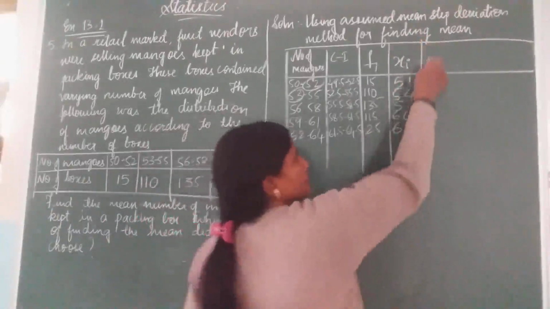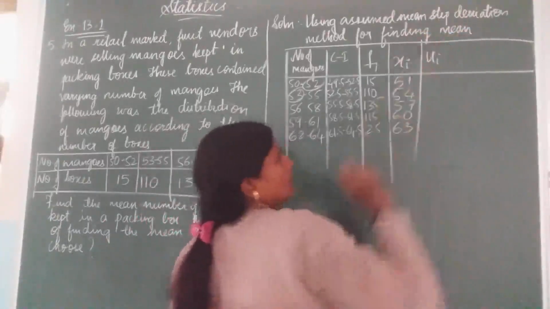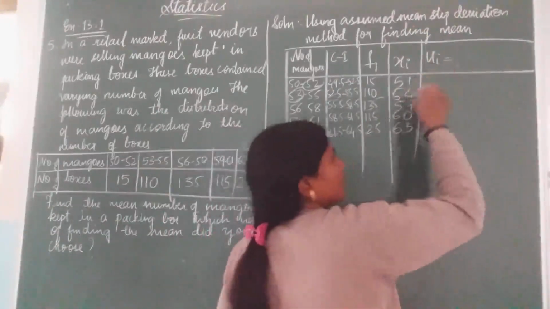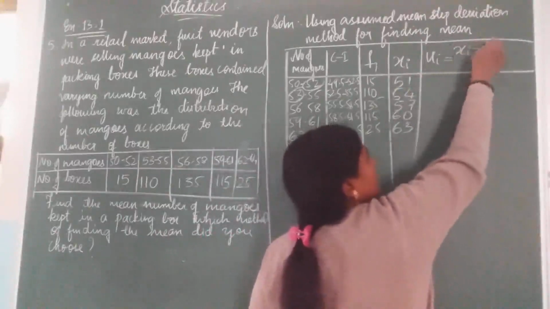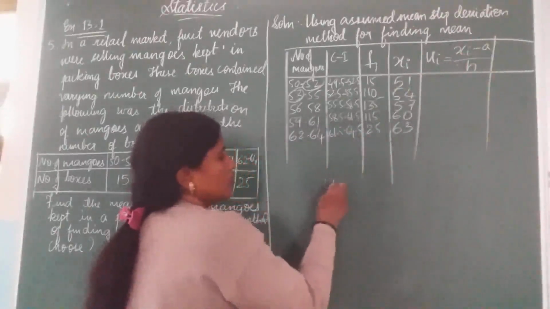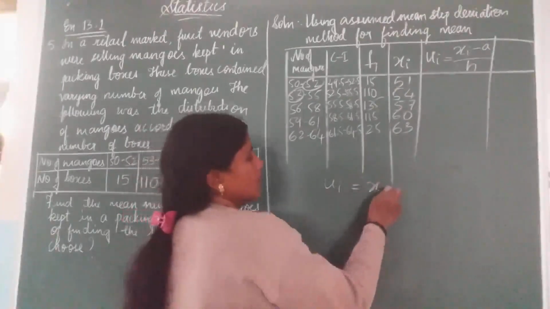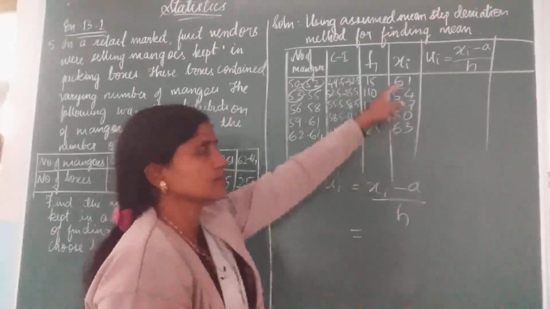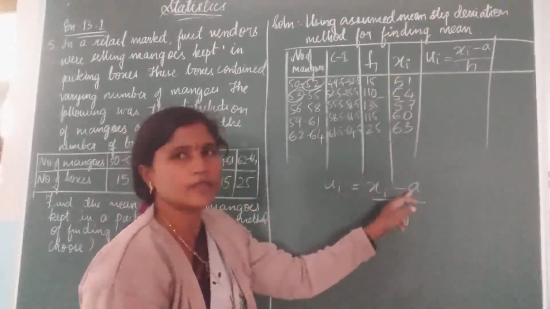Next column, as you are doing the step deviation method, go for the formula ui equals xi minus a divided by h. Here xi is the class mark, and we need a.